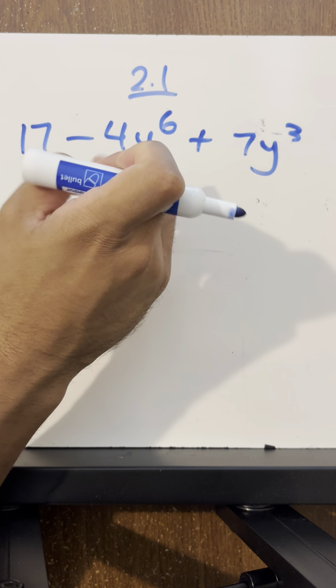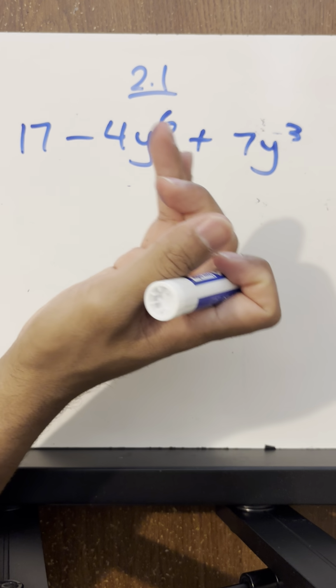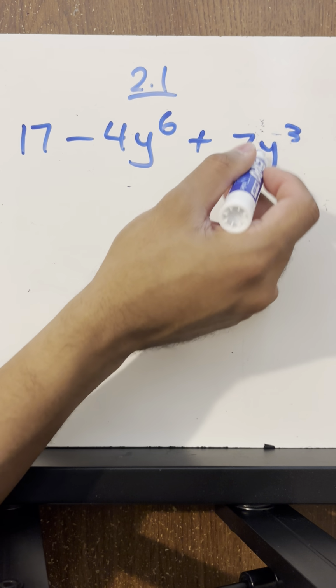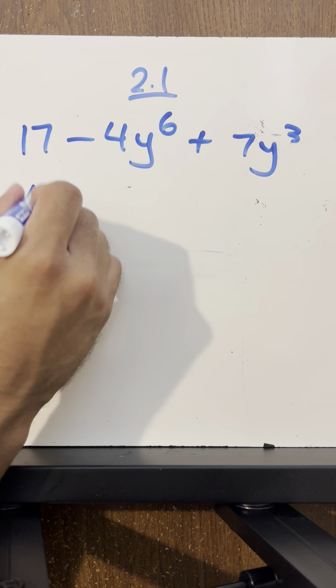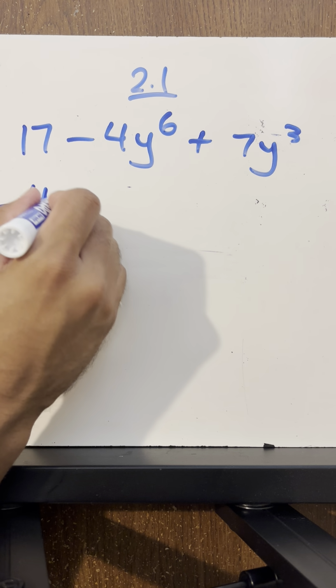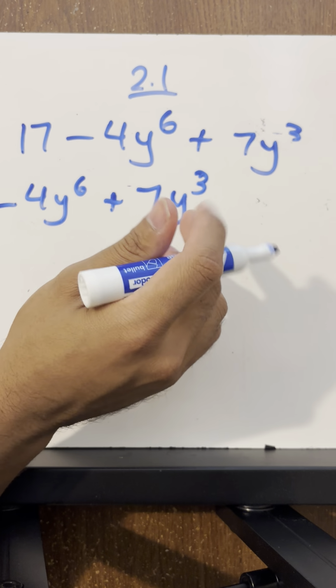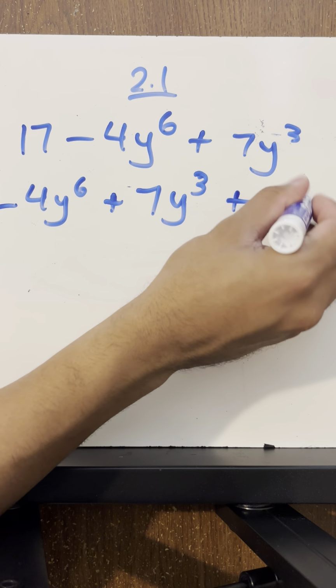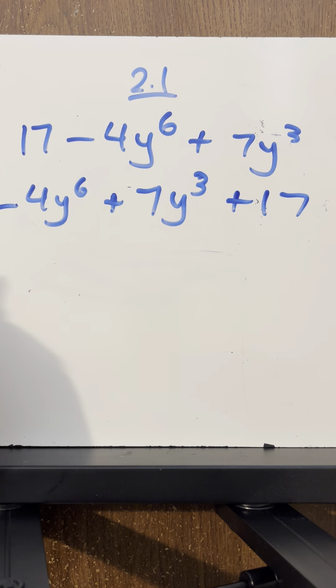Now we need to write this again in order of exponent going from highest to lowest. The highest exponent attached to a variable is this one, so we would write negative 4y to the 6th first. Then we would write 7y to the 3, since the exponent of 3 is the next highest. And then plus 17 at the end. So now we've written this in standard form.